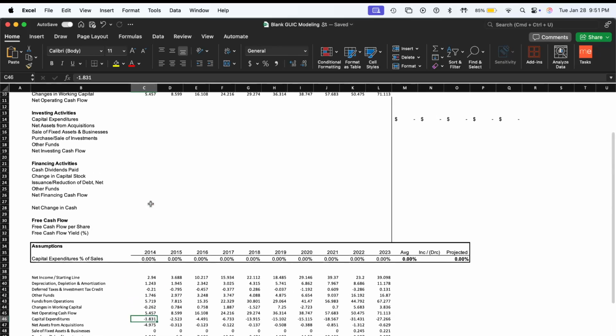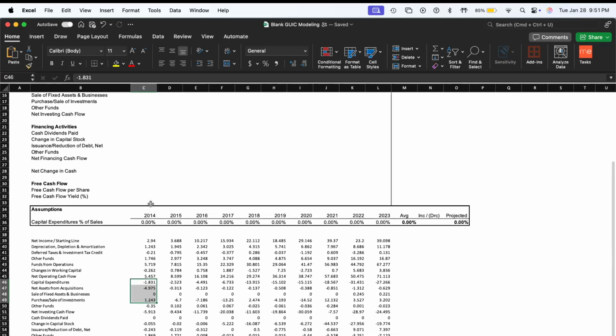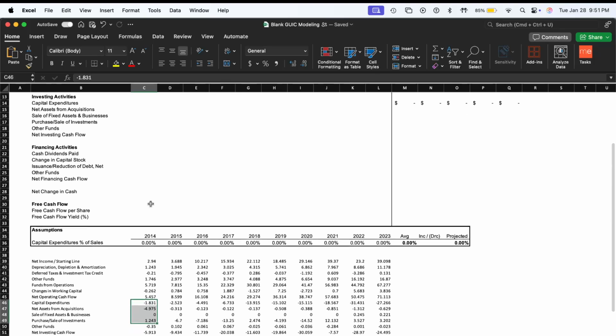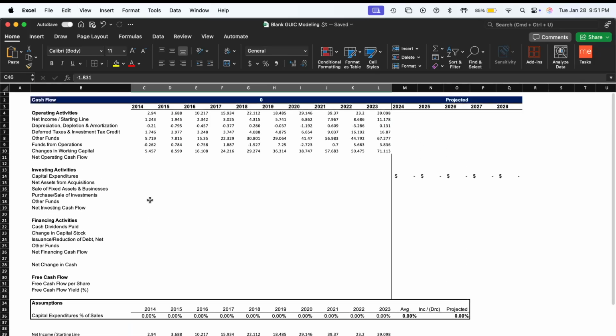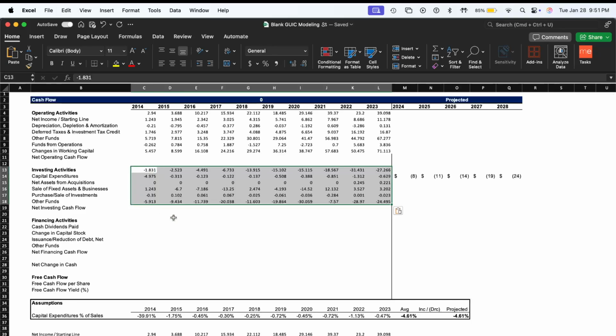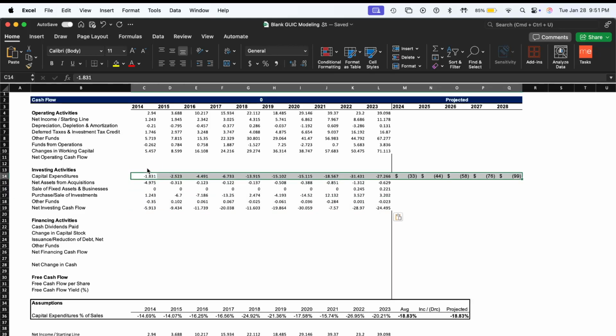Okay, but moving on, we have that, just net assets, sale, purchase, other funds, that, cool. Copy, paste. Oh, that's interesting. Oh, I just missed it by a line. Another thing to be careful of is the cut function.